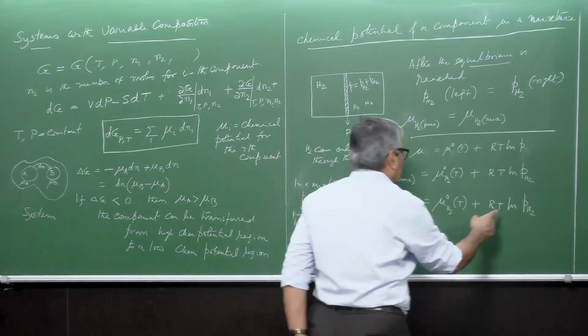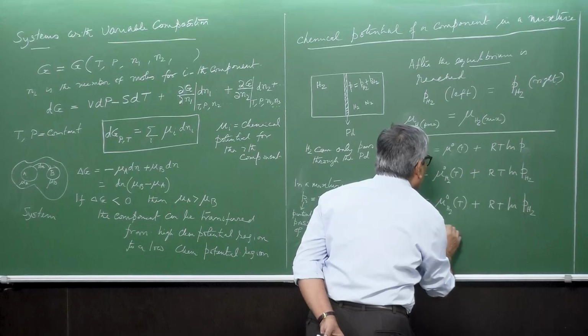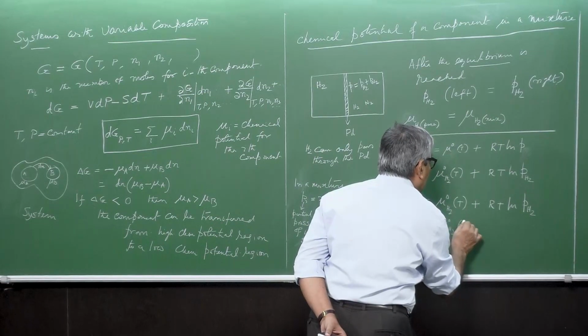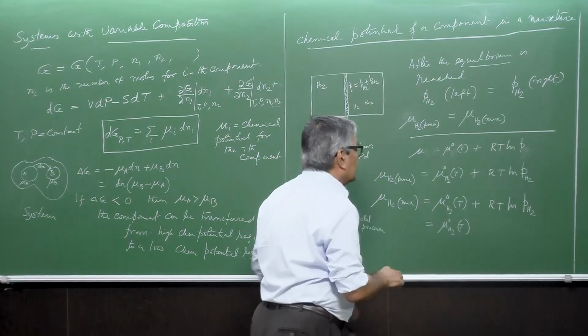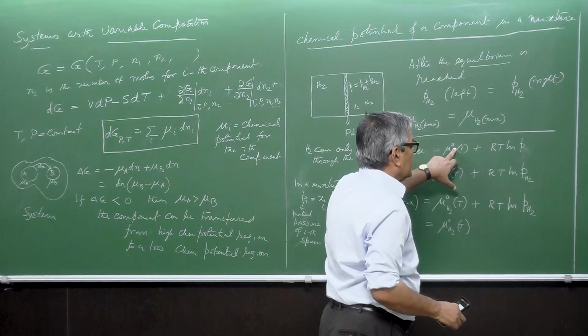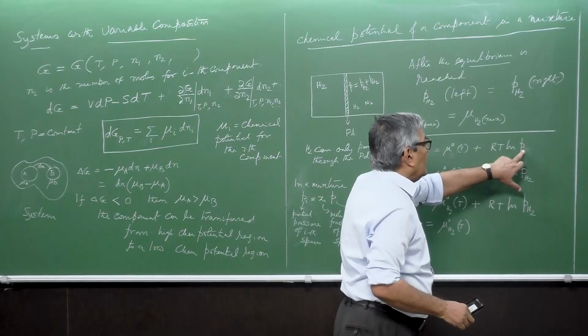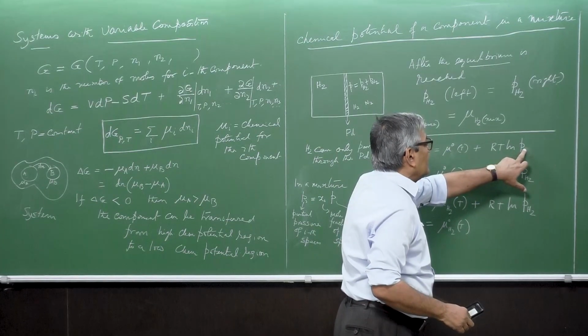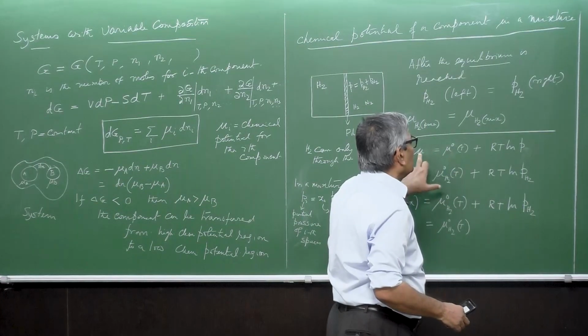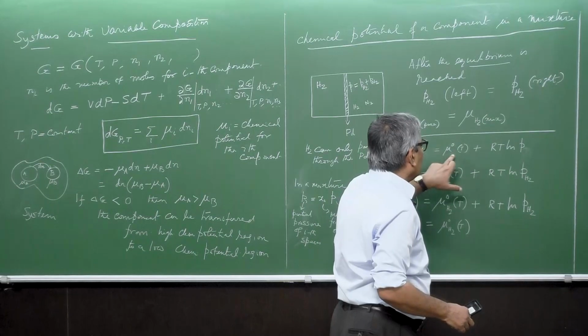So for that reason, what we can do here is write mu H2 at T and pressure P, where the superscript 0 is assigned for the standard state. That means when the pressure P is equal to 1, these two mu's are equal. So that identifies this as the standard 1 atmospheric pressure.